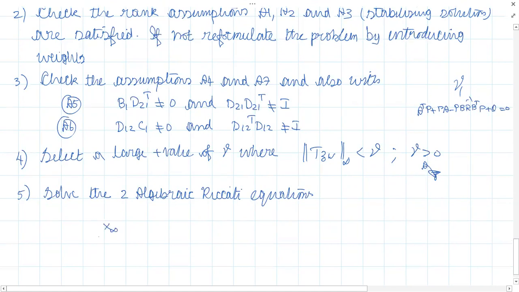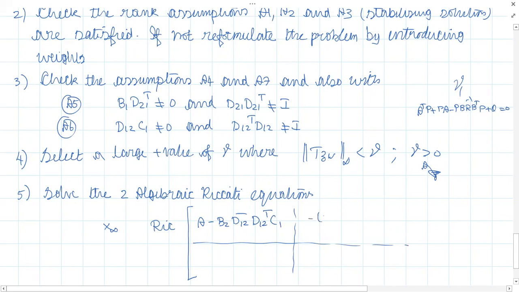Okay. So you have to solve for this Riccati equation. Which are the Riccati equations? A minus B2 D12 bar D12 transpose C1. This is the first term.